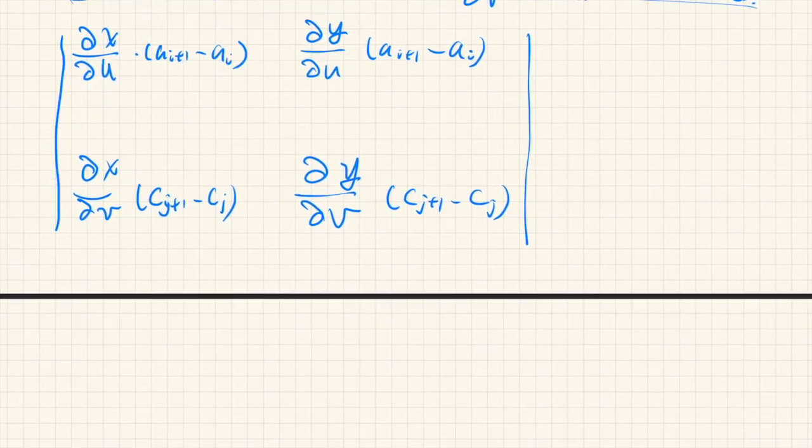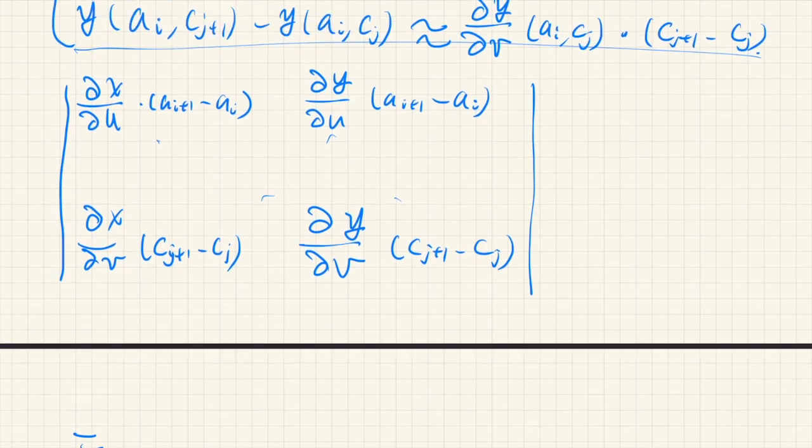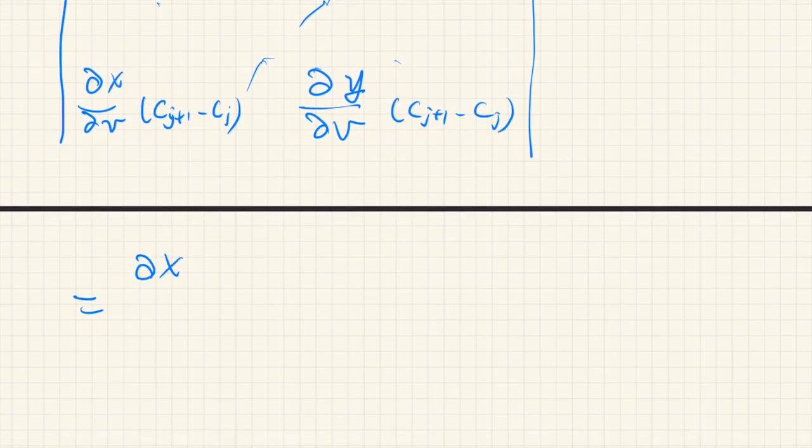Okay, so this determinant is this times this minus this times this. So that becomes dx/du times dy/dv minus dx/dv times dy/du.